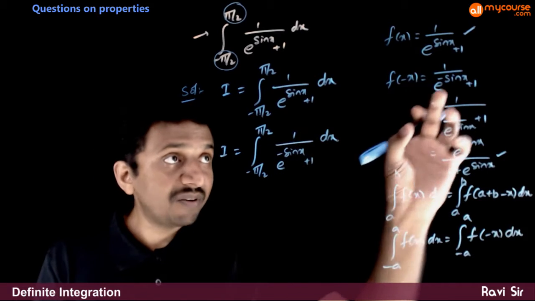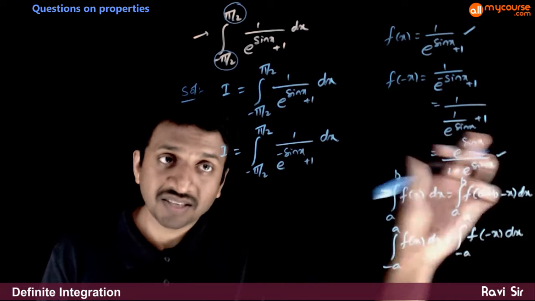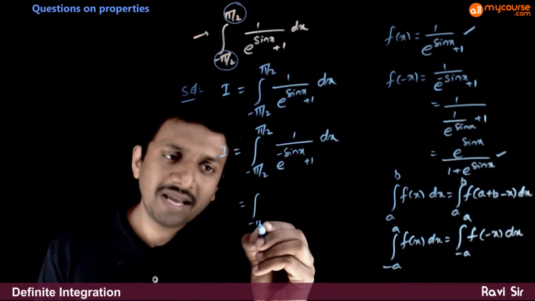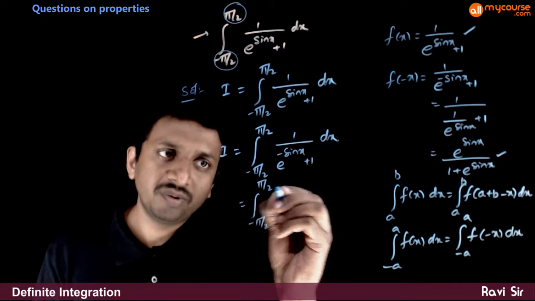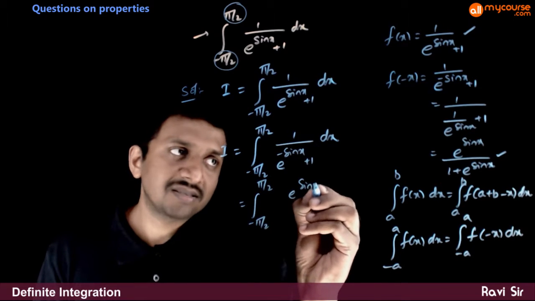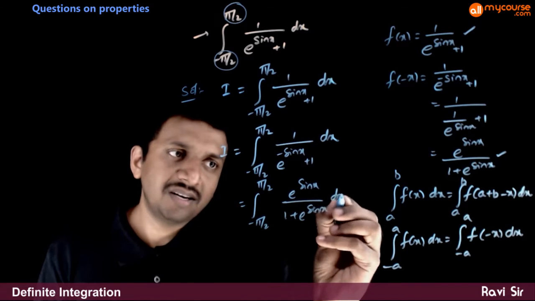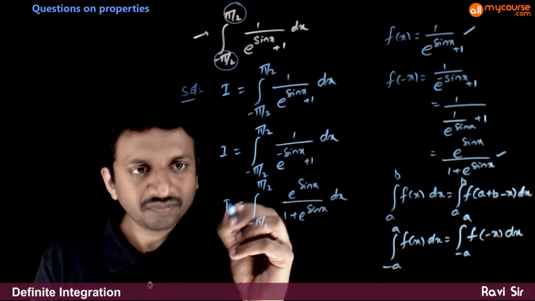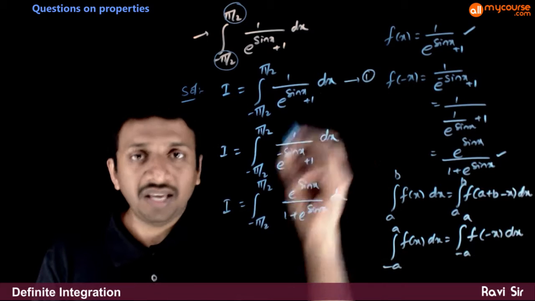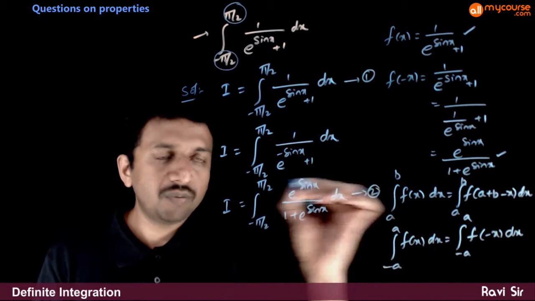We have already simplified this. It becomes integration minus pi by 2 to pi by 2 of e power sin x by 1 plus e power sin x dx.